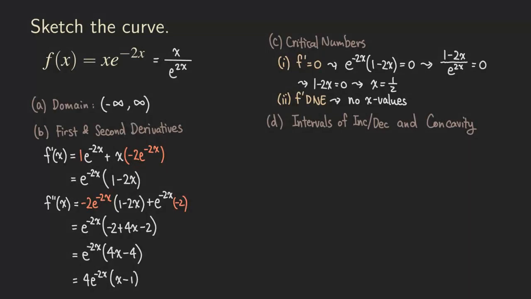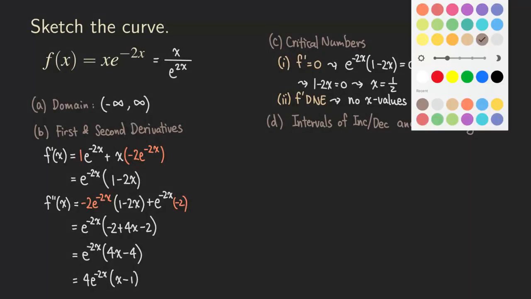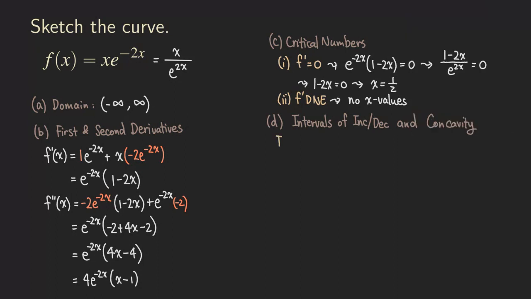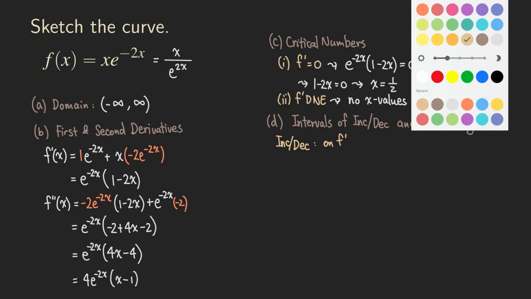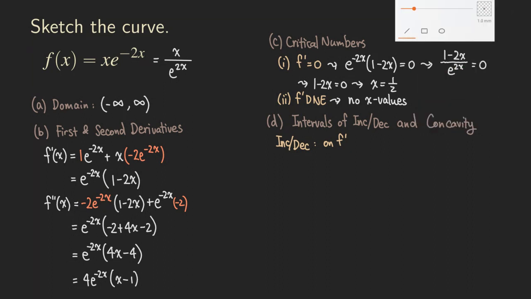Because there is only one critical point, it will actually be quite easy in this case. The increase and decrease, we are actually doing it on f prime, right? Because we're constructing the sign analysis chart for the first derivative. So let's do that.